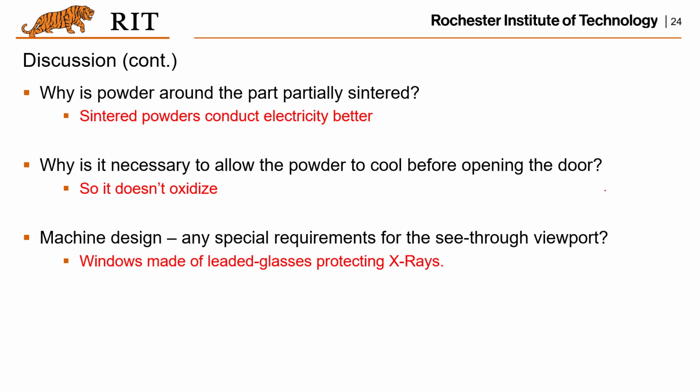And from the machine design point of view, if there is a see-through viewport, you need to make the window a leaded glass part, such that it will protect the user's eyes from the X-rays, because when the electron beam hits the metal, X-rays are generated.